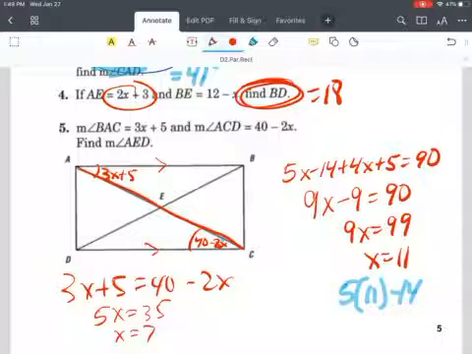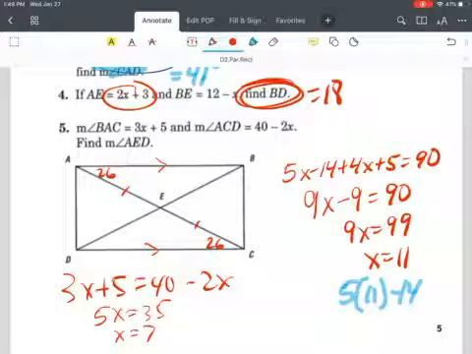So I get x equals 7. Plug 7 in, and I'm going to get 26. So I get 26 degrees here.